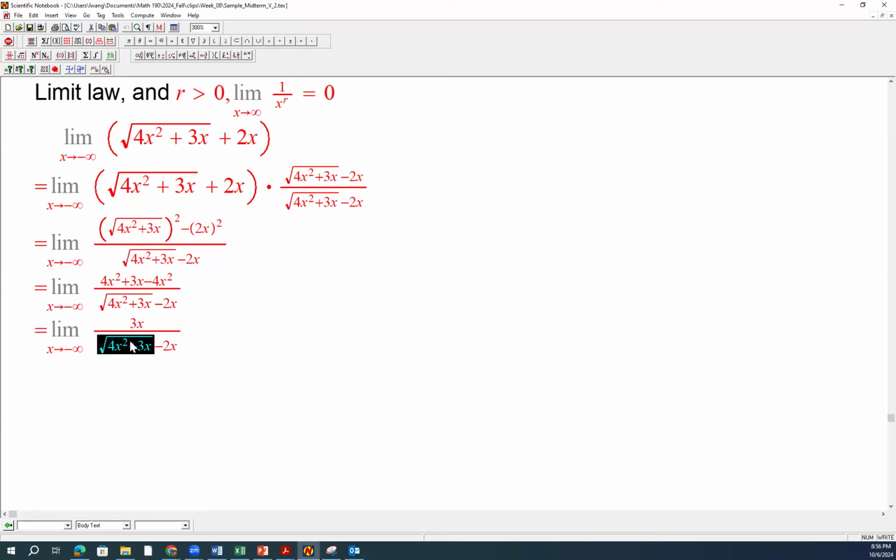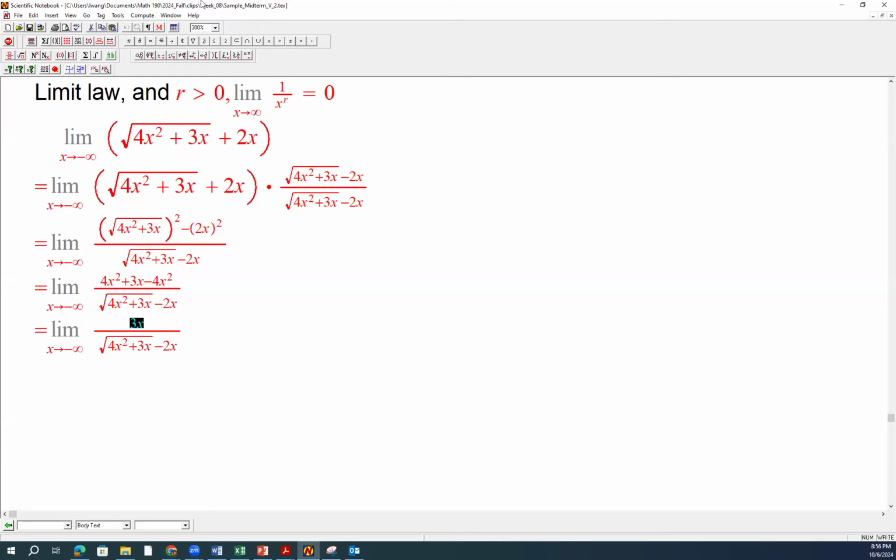So the bottom, this piece approaching positive infinity, 1x approaching negative infinity, 2x approaching negative infinity. So positive infinity minus negative infinity, the bottom is going to be approaching infinity. The top is approaching negative infinity. But we still cannot substitute.